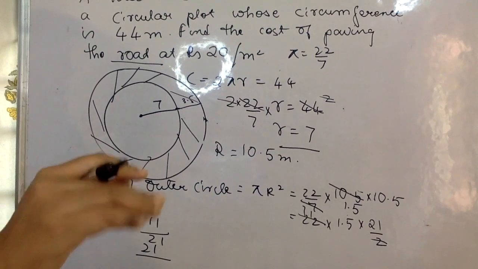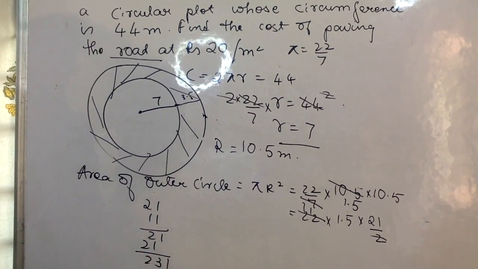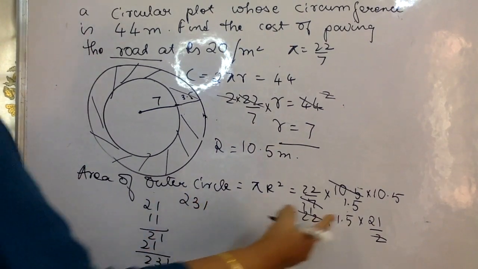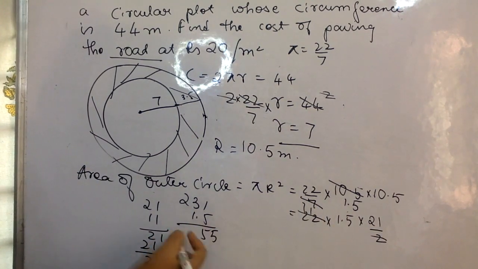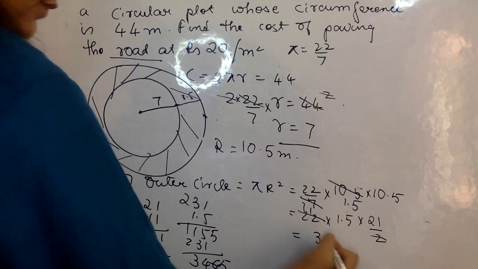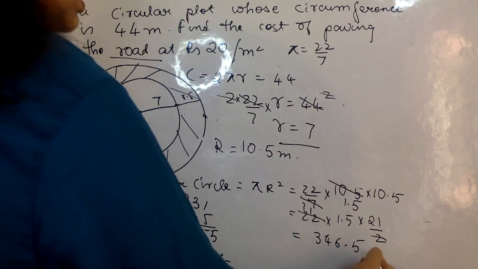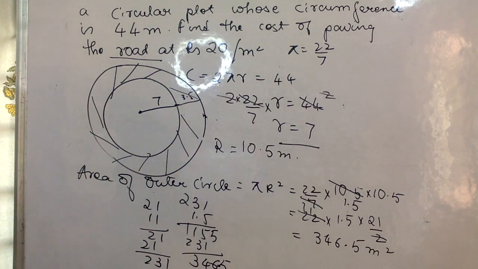Okay, so 21 into 11 gives me 231. Then 231 with 1.5, that is 5, 15 and 1, and 231, that is 5, 6, 4, 3, yes, so that gives me 346.5 meter square. That is the area of the outer circle.